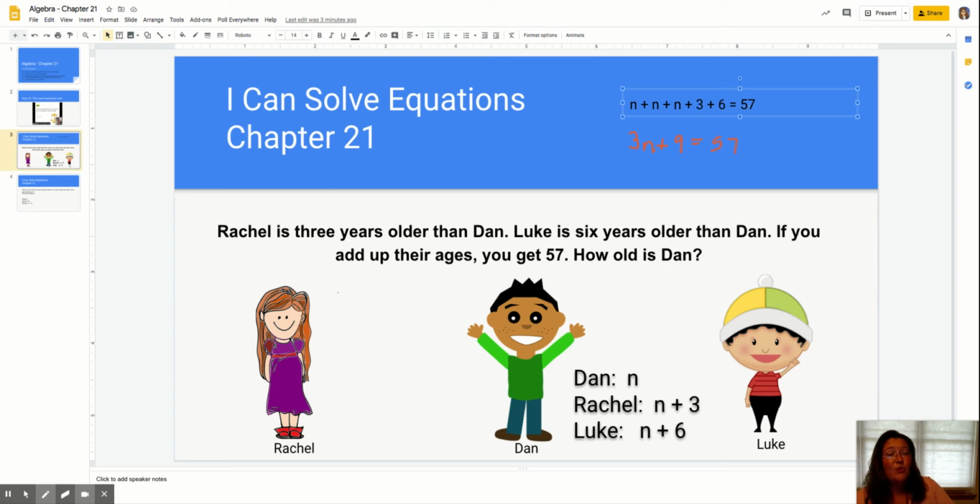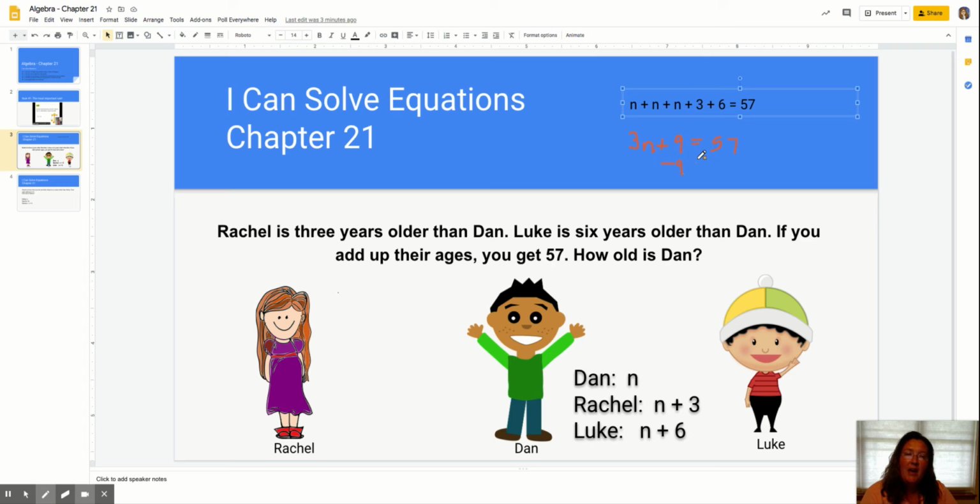Our next step in solving this equation is to make sure that we follow the rule: whatever we do to one side of the equation, we must do to the other. So I look at this problem and I see that I have this plus 9 here. If I see plus 9, then I know that I need to do the opposite and subtract 9 from this side.